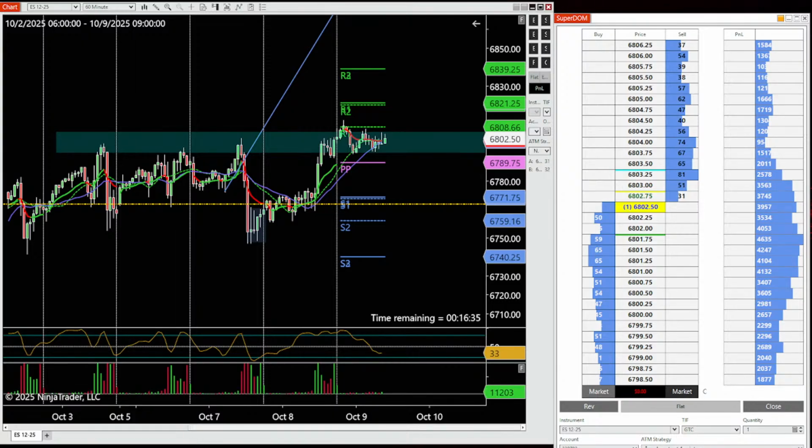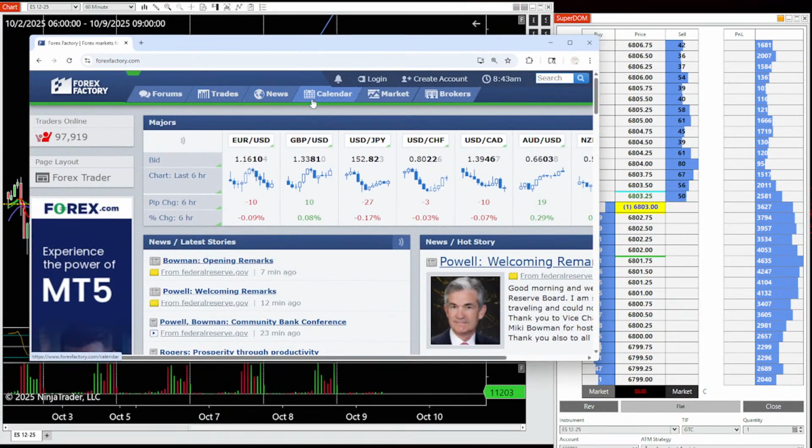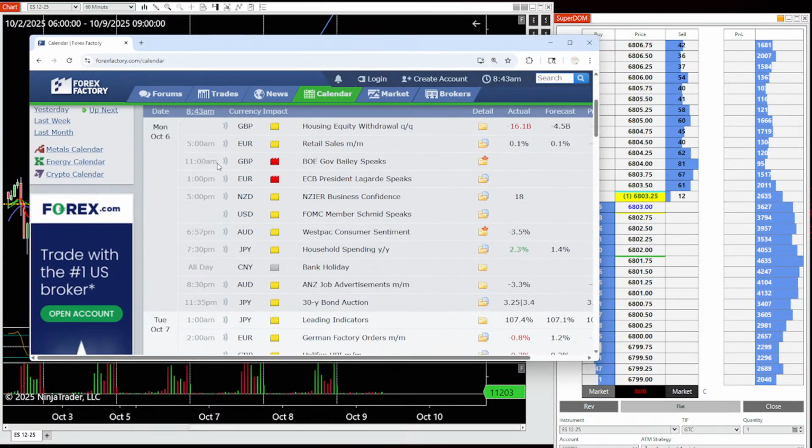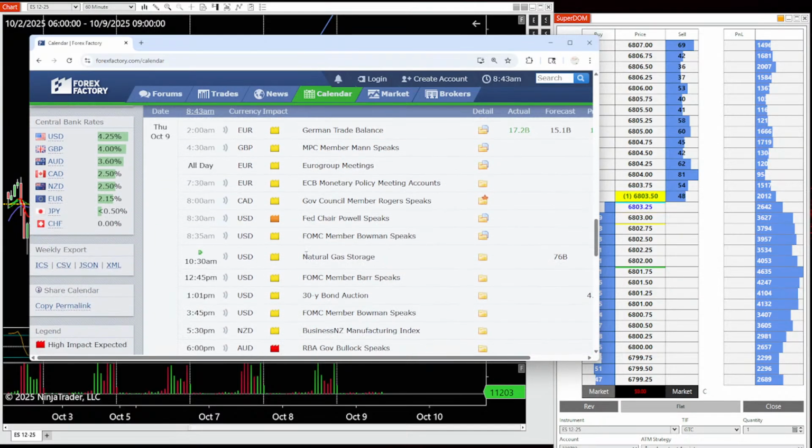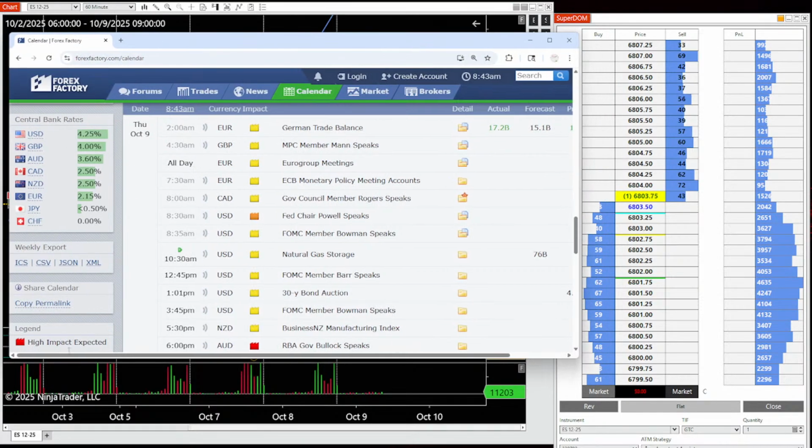We have Powell speaking. Let's see what news we've got going on for the market open. Let's see what's on the calendar for this Thursday. 8:35, FOMC member Bowman speaks.